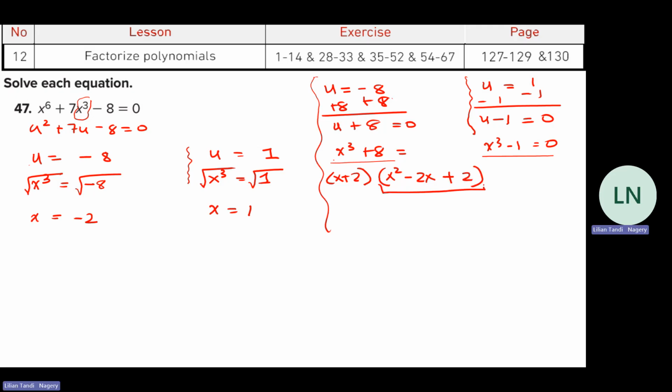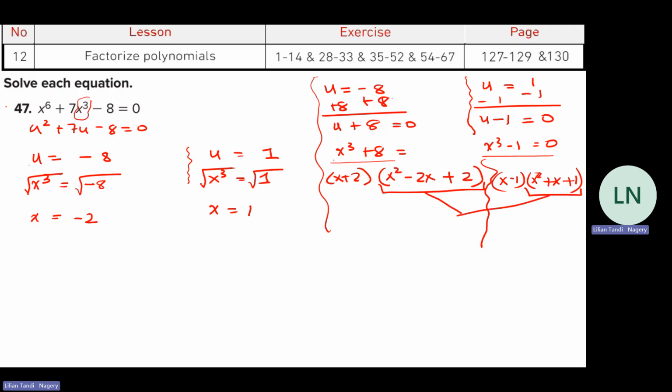Then you solve this in the calculator. You do the same thing here. You're going to get x minus 1, and this will be x squared plus x plus 1, because this is minus, this will be plus 1. And you're going to solve this in your calculator.